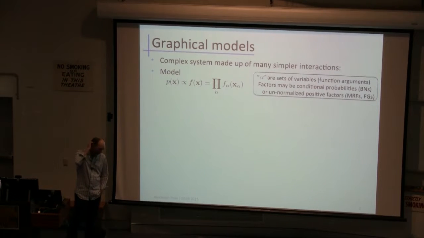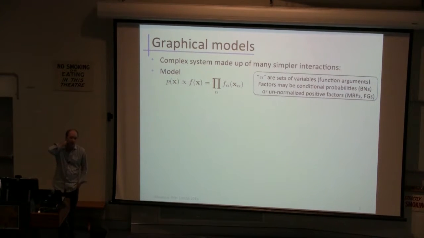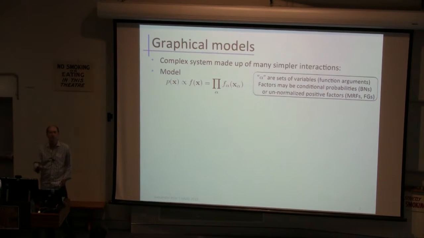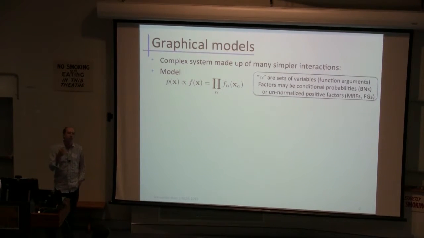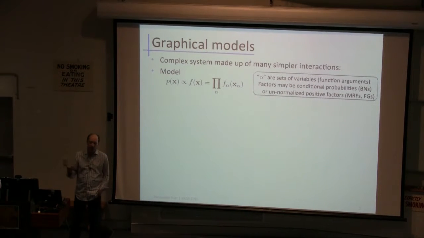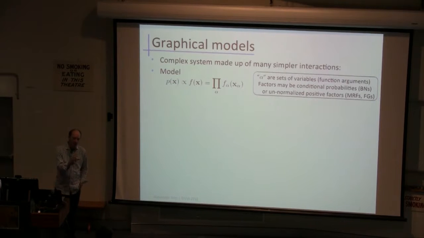So we've already seen a couple of talks at MLSS on graphical models. Graphical models are a popular formalism for describing large, complex systems over many variables that are made up of smaller, simpler interactions. So you have a complex system, but the system itself is described by only relatively small and compact interactions.